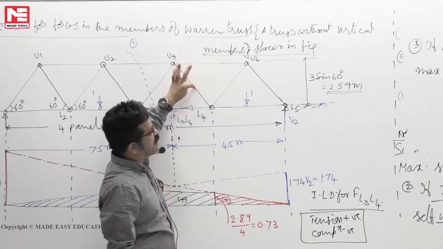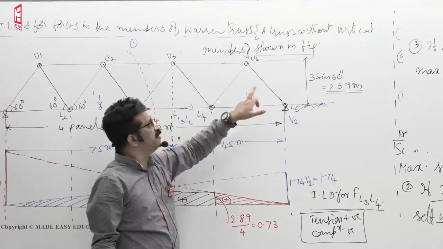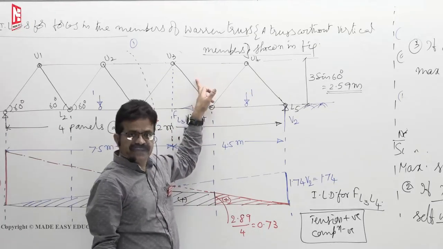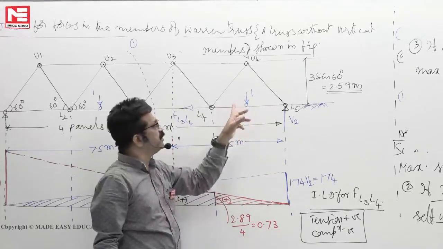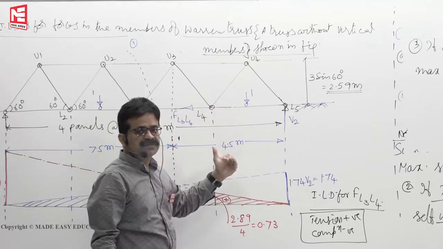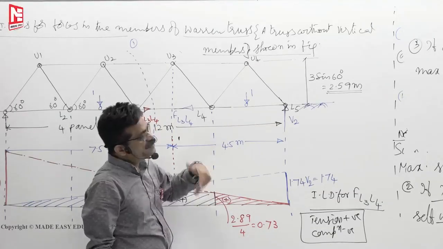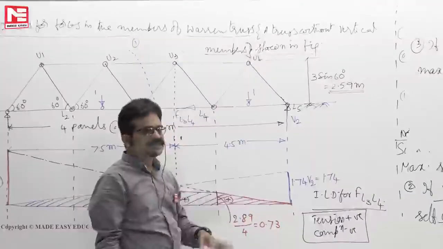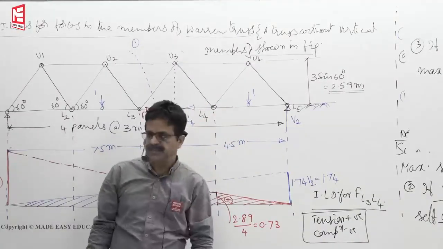For these cases, live load reversal means very high compressive stress will develop. So slenderness ratio for them is 180. If there is a compression due to wind or earthquake, slenderness ratio is slightly reduced to 350 instead of 400. So depending on the cause of reversal of stress, we have different values of the slenderness ratios.